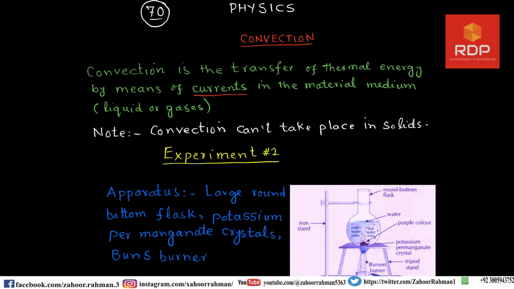Electrons are flowing from one place to another, and when electrons are flowing, then we say that current is produced in the wire.